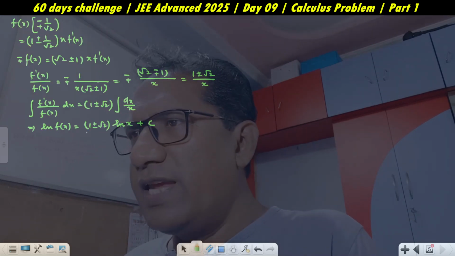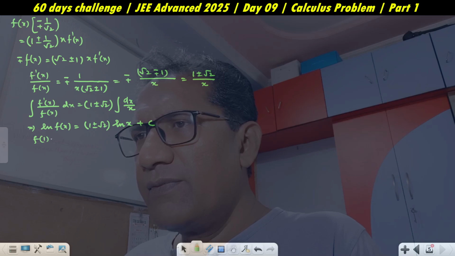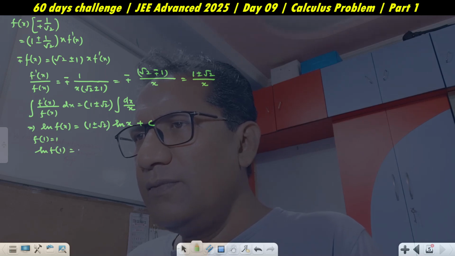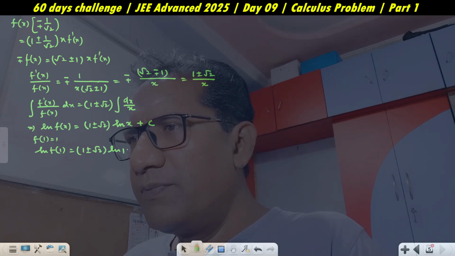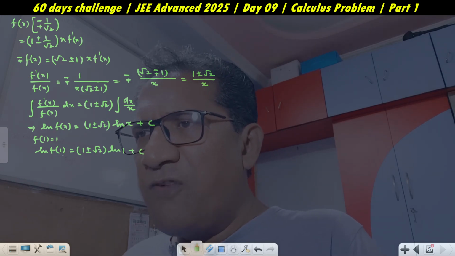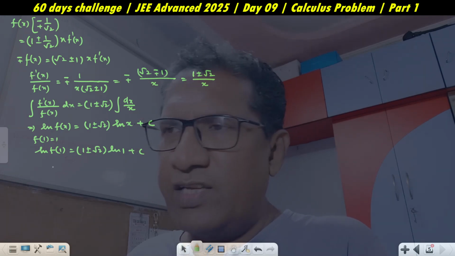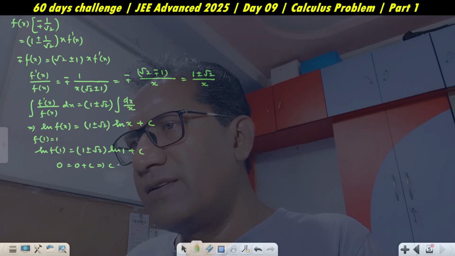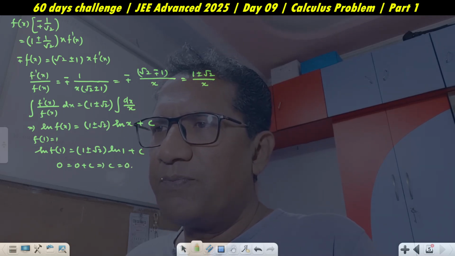So let me use here, in place of x I am putting 1, so you are having ln f(1), 1 plus minus root 2 ln 1 plus c. f of 1 is 1, so ln 1 is 0, so this is 0, this is 0, this is 0, implies c is 0.